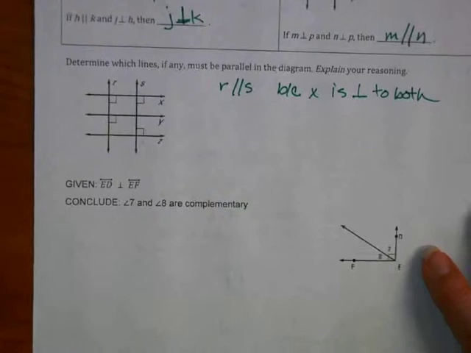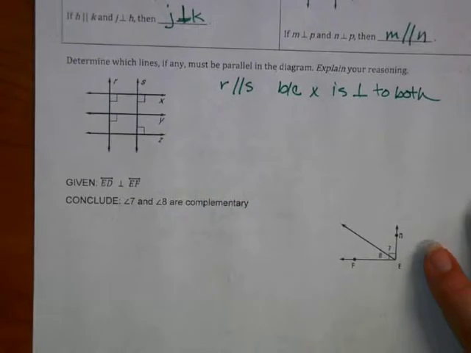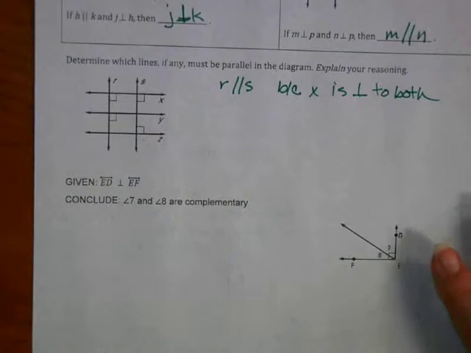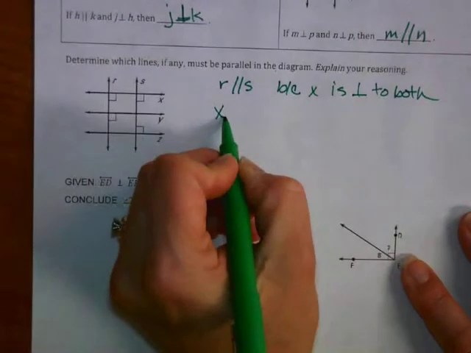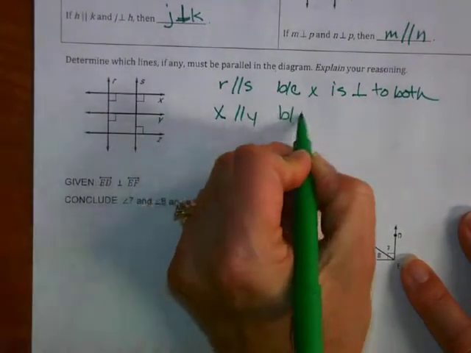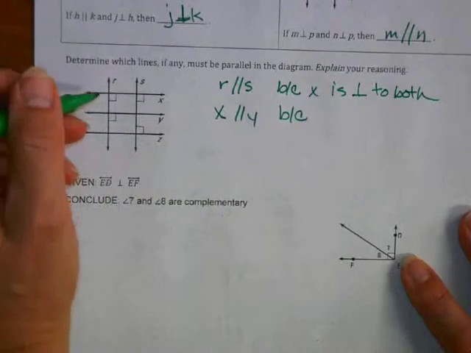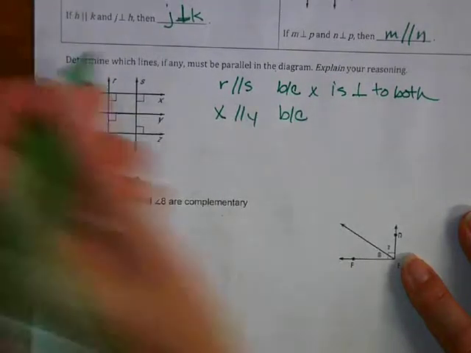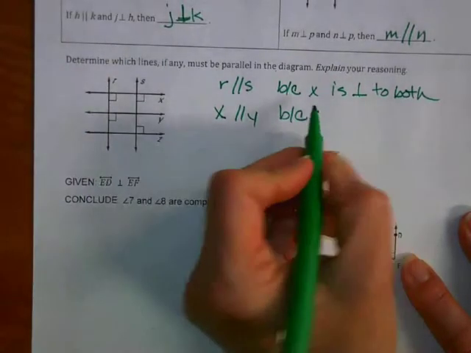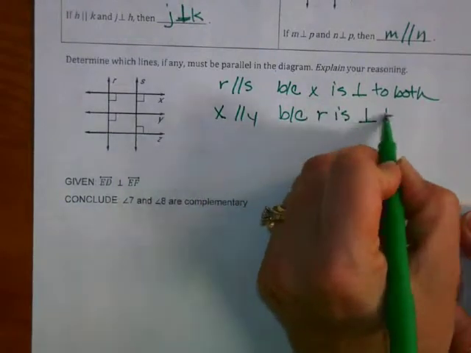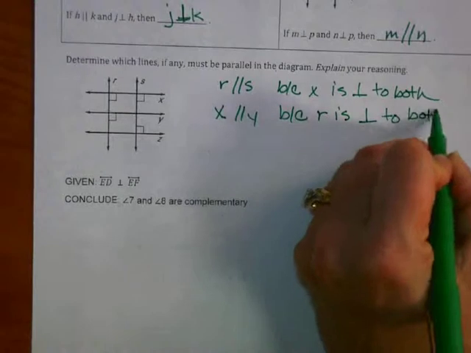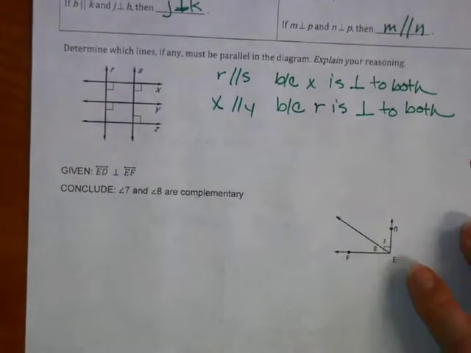Okay, what's another pair? X and Y, because why? Yeah, you could say X is parallel to Y because R is perpendicular to both. Is there more?